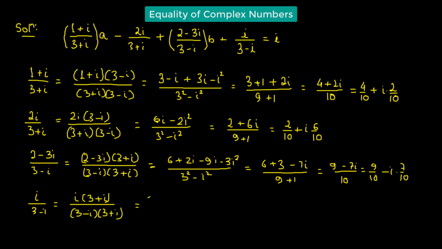We have i multiplied by 3 will be thrice of i, plus i times i will be i squared, divided by 3 squared minus i squared, which is equal to 3i minus 1 divided by 9 minus of minus 1, and that gives us negative 1 over 10 plus i times 3 over 10.